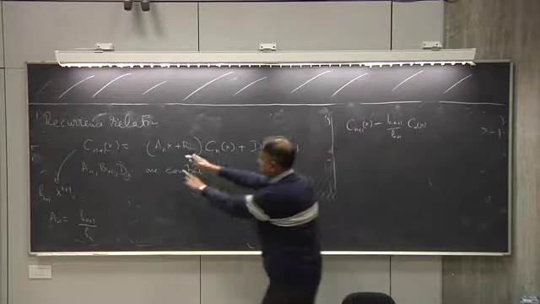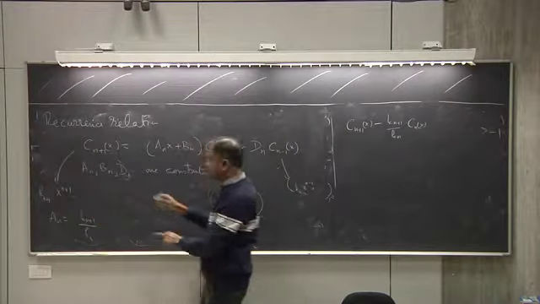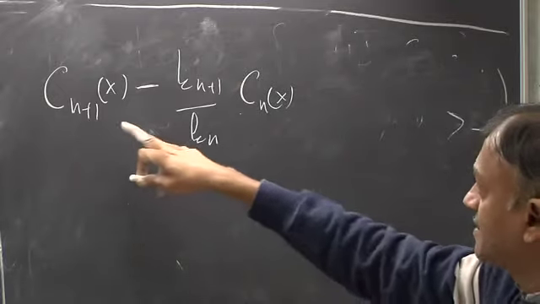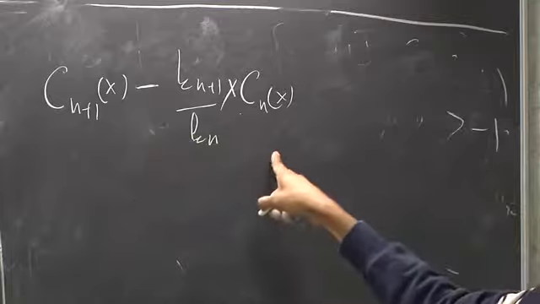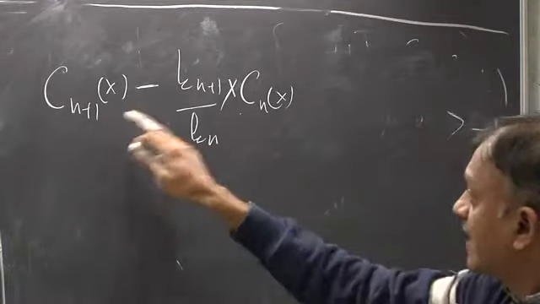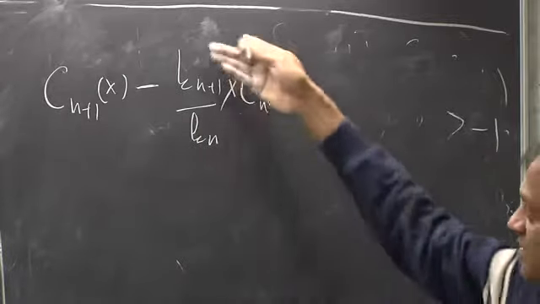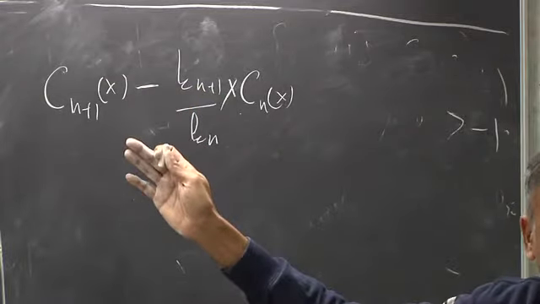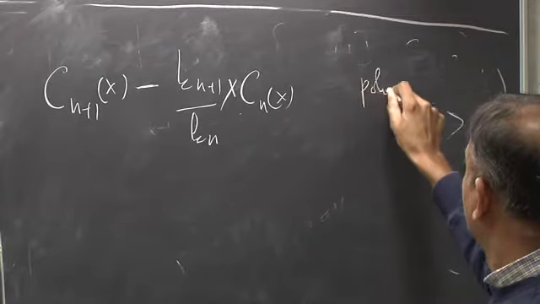What I have done is just taken this term on the left hand side. What is the property of this? The main property is that the x to the n plus 1 has disappeared. We have chosen this constant precisely to cancel the x to the n plus 1 term. That means this is a polynomial of degree n.